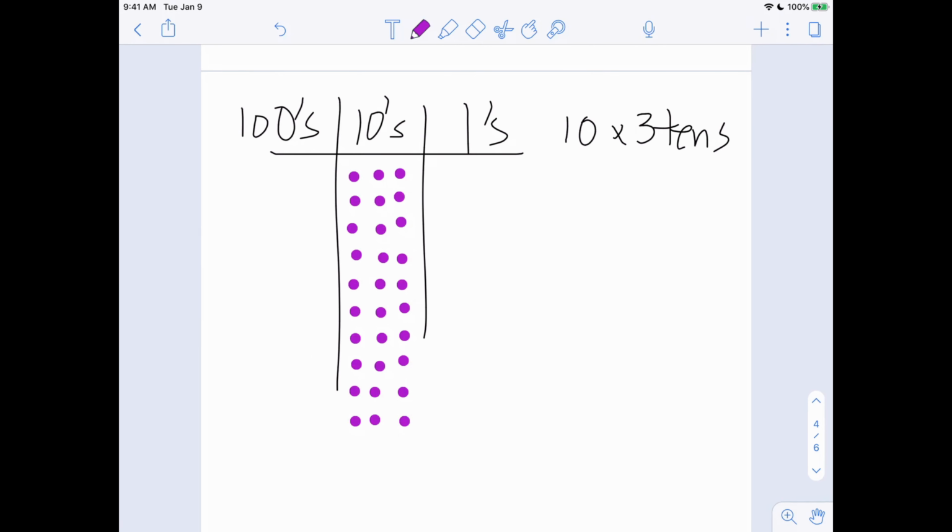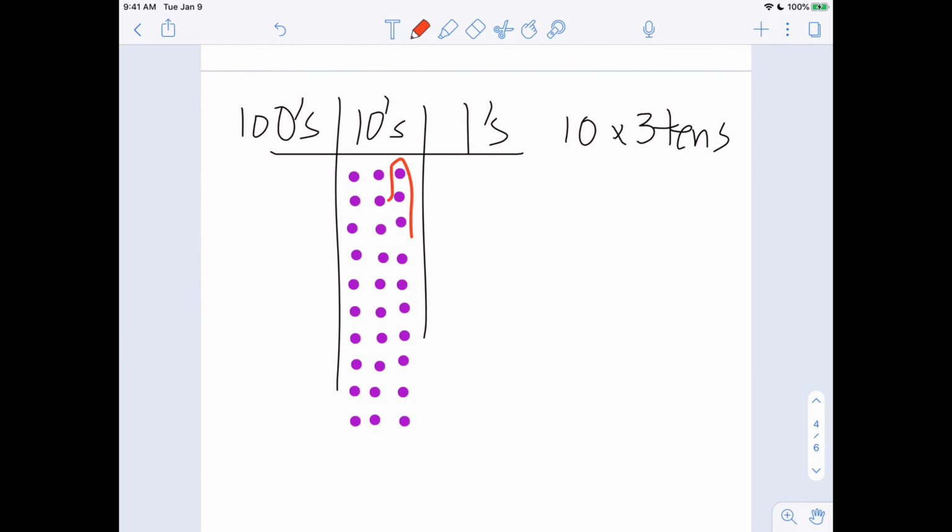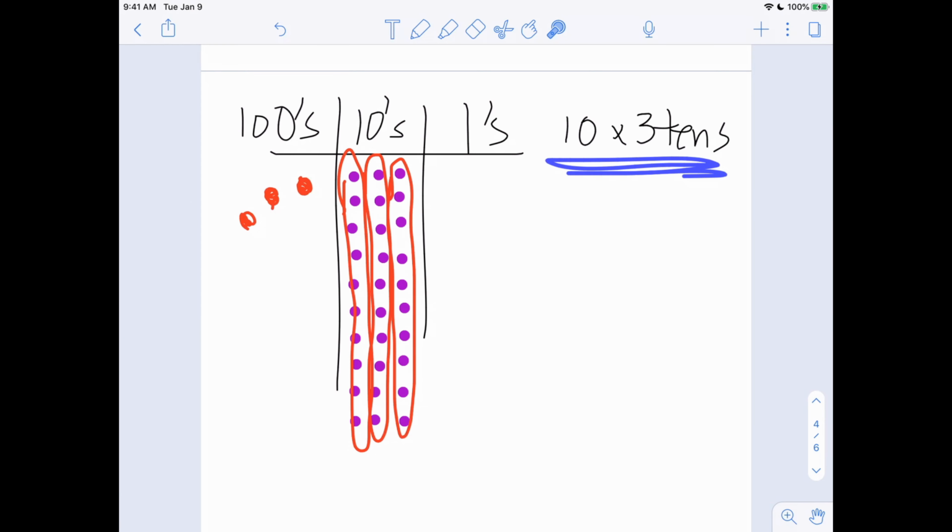Let's do red: these 10 right here get exchanged for 100, these 10 tens get exchanged for 100, and these 10 tens get exchanged for 100. So 10 copies of 3 tens is equal to 3 hundreds. And I'll just write that right there.